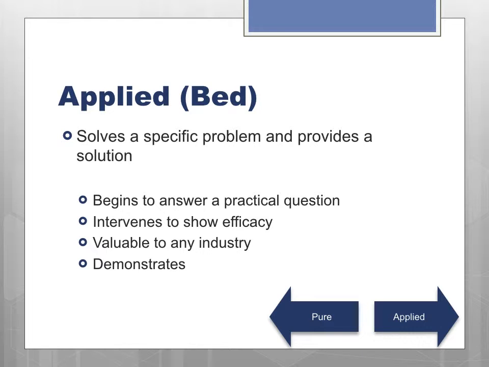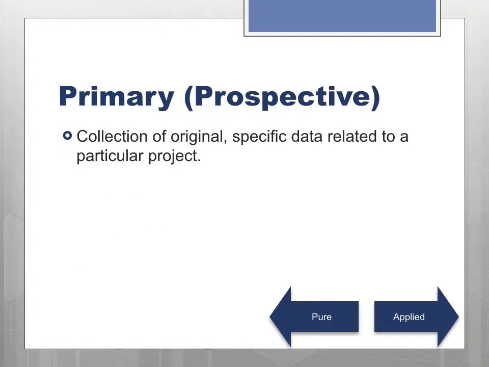Let's move on to another level of this research, and this is more in the applied section of the spectrum. It's primary research, and it's known as prospective, meaning you're looking forward. Think of prospective as looking forward, collecting data as you go.